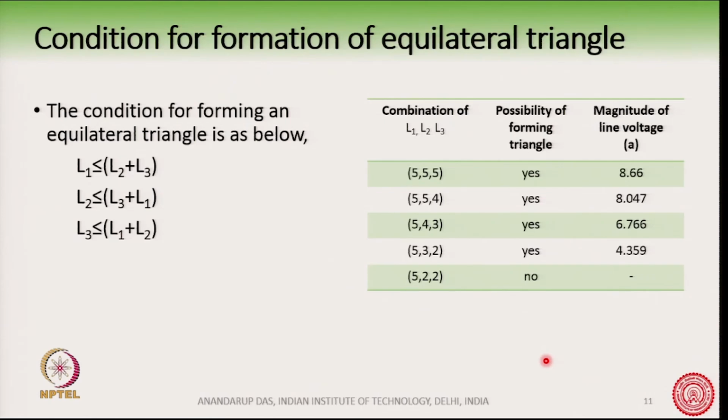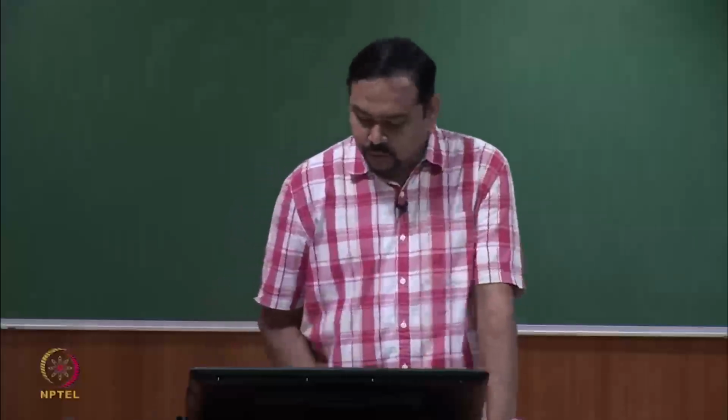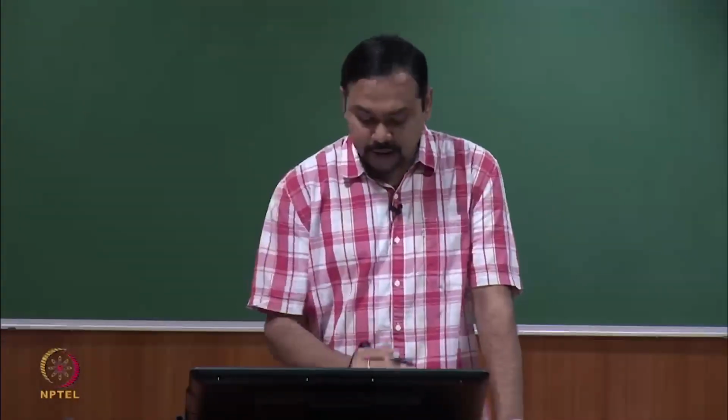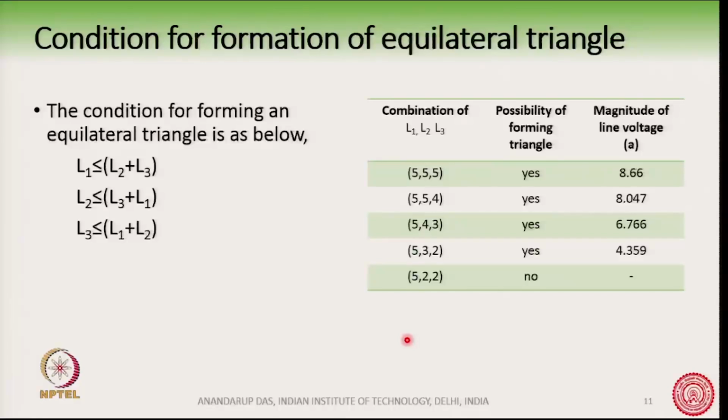Of course, we can get a balanced voltage up to 222. We can go to 422, we can go to 322, but we cannot get a balanced voltage from the 522 combination. So the equation tells us the limit up to how much the balancing can be done.